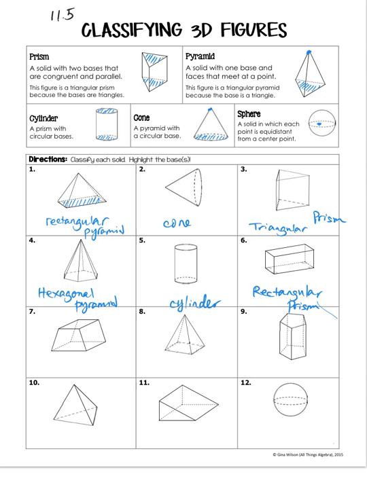And you can probably tell that this is a trapezoid prism because here I have 2 bases and the base in the back. They are congruent and parallel. So this is a trapezoidal prism.